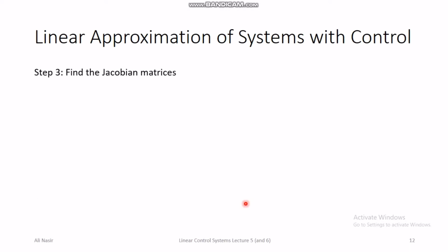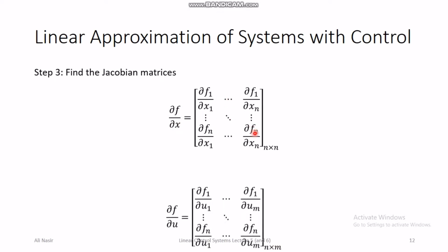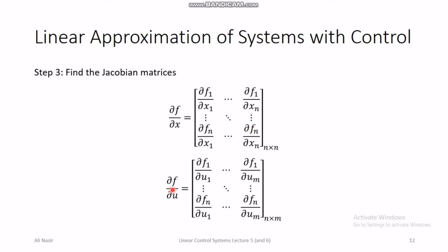Step 3 is to find the Jacobian. In this case there will be two Jacobian matrices. One Jacobian matrix will be the same as before, the derivative of the f vector with respect to the state vector, and the new one will be the derivative of the f vector with respect to the control vector.